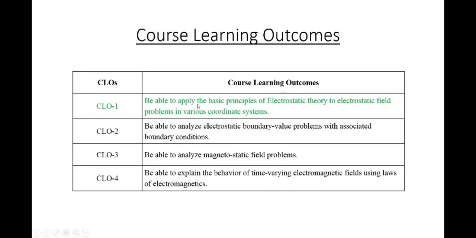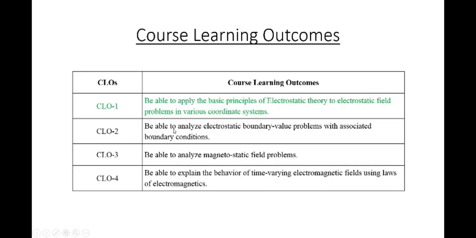CLO1: be able to apply the basic principle of electrostatic theory to electrostatic field problems in various coordinate systems, that is rectangular coordinate system, spherical coordinate system and cylindrical coordinate system.